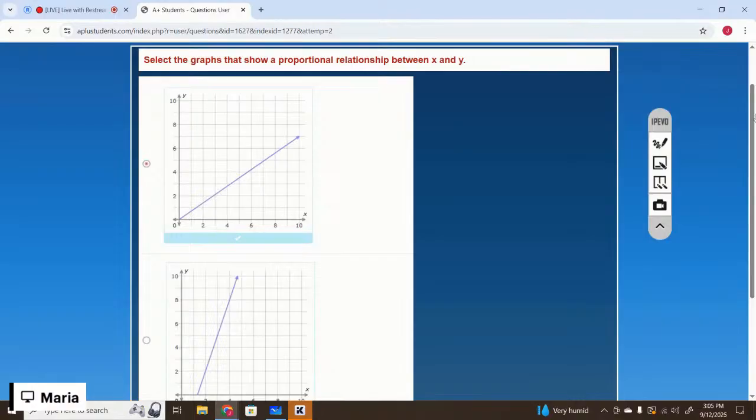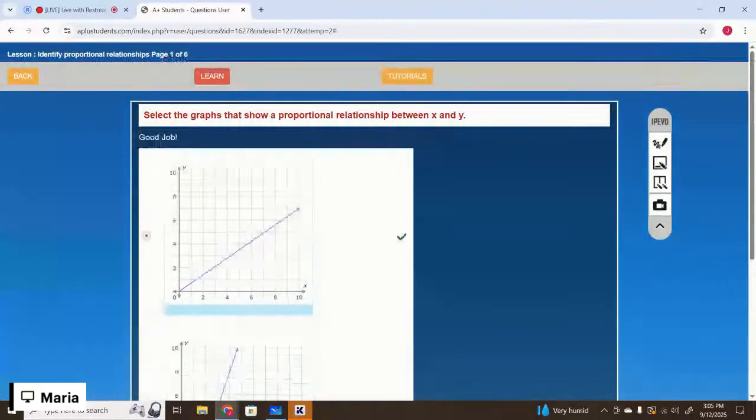Option number one is the correct option. That is a straight line and passing through the origin. So option number one is the correct option.